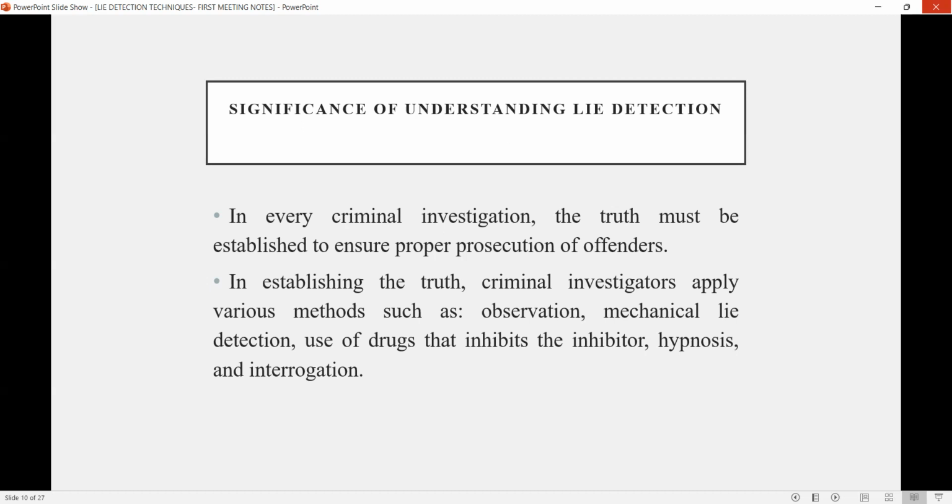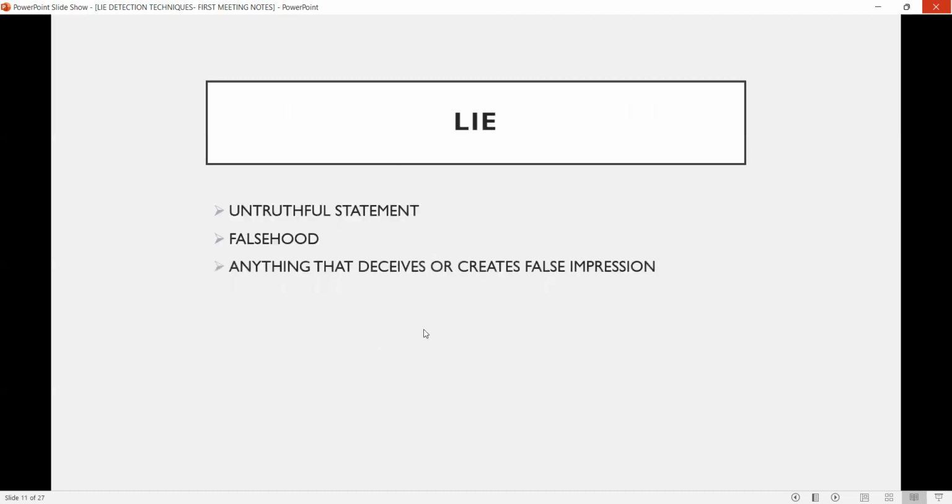Mechanical lie detection through the use of a polygraph instrument and the use of drugs that inhibit the inhibitors, like the truth serum method, then hypnosis and interrogation. Okay, that's the significance of understanding lie detection. Definition of terms. What is a lie?